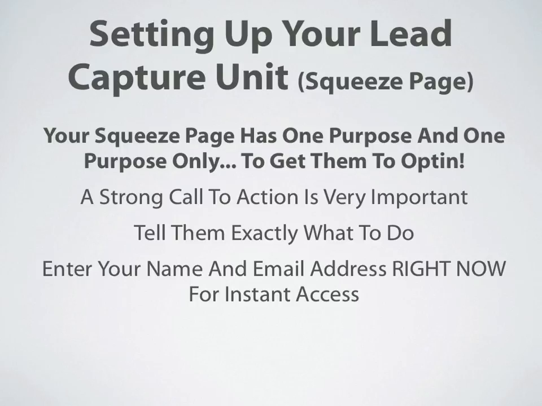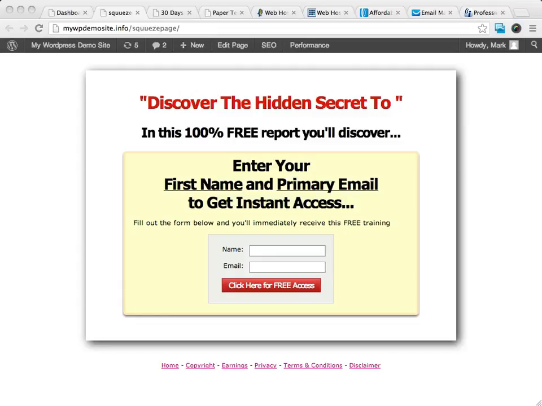So let's take a look at this squeeze page once again. What's absolutely important? We have our headline up top. Under our headline, we're either going to have maybe a subhead, maybe a paragraph, maybe a couple of bullet points, or maybe just a few words like I have right here. Up top, we're going to tell them they're going to discover the hidden secret to losing 5 pounds in only 5 days.